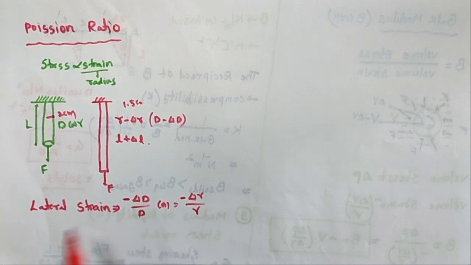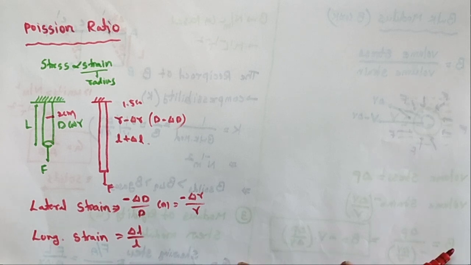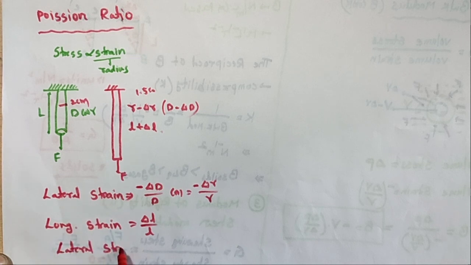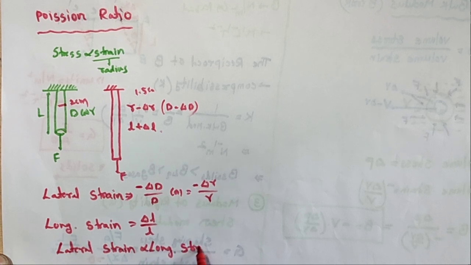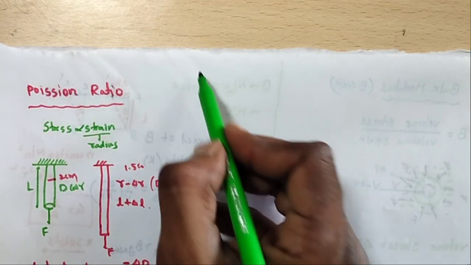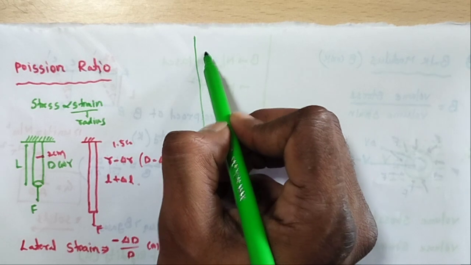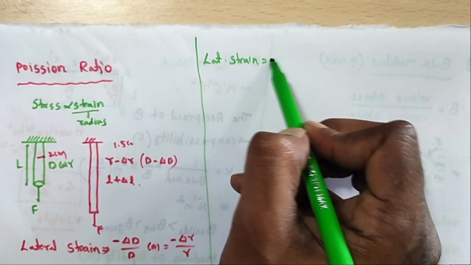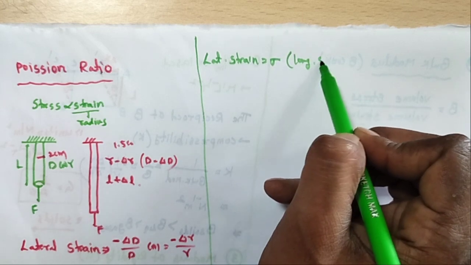And there is also the longitudinal strain, change in length by original length, delta L by L. Therefore lateral strain is directly proportional to longitudinal strain. So I will write lateral strain is equal to sigma into longitudinal strain.